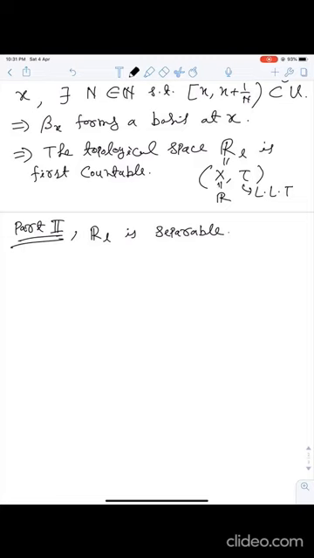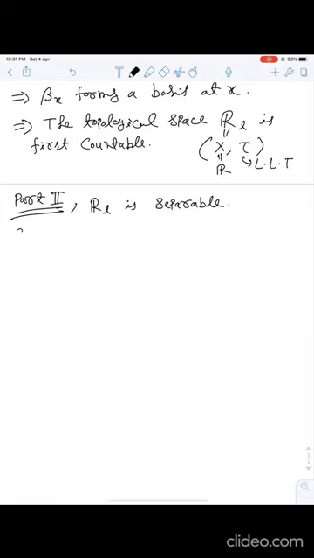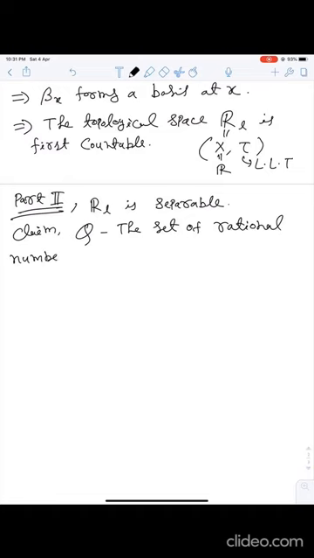So this is just the rational numbers, right? Now claim: Q, that is the set of rational numbers, is dense in RL.